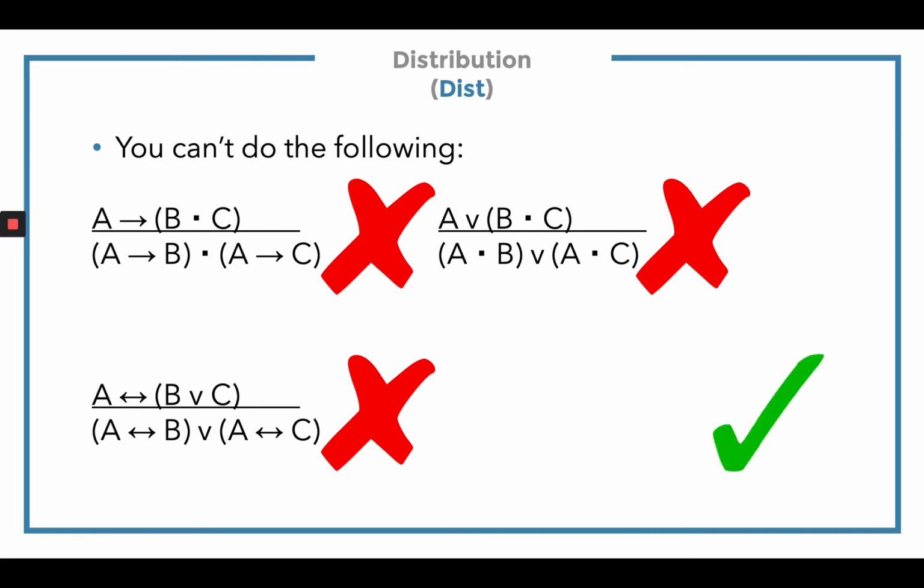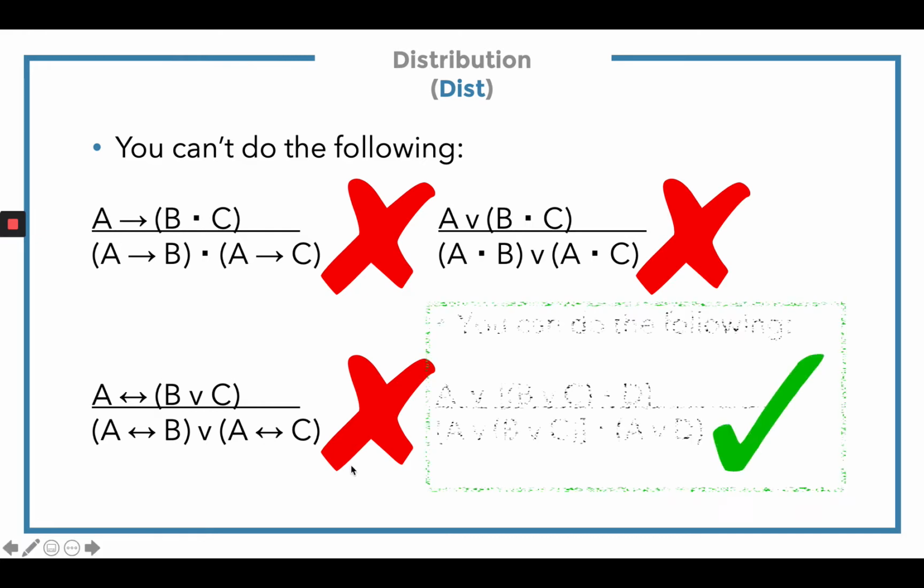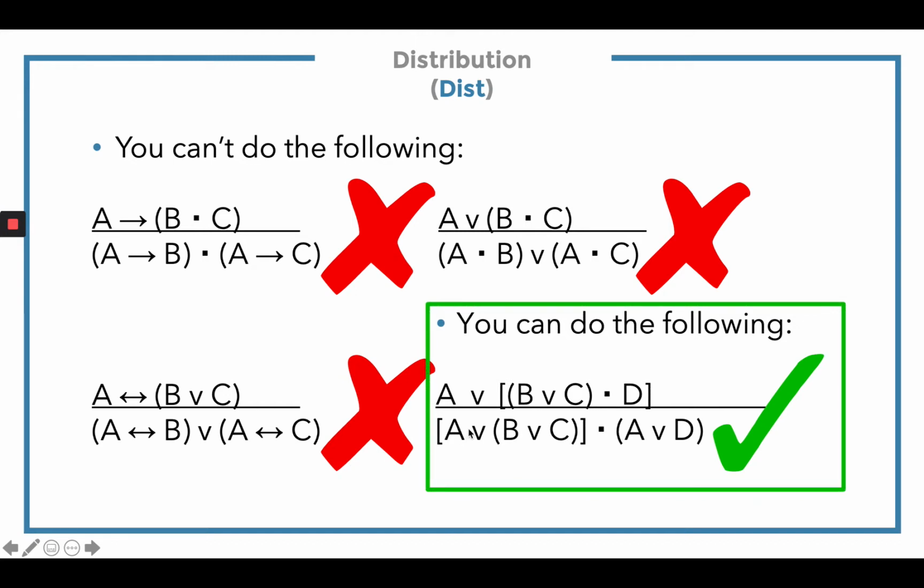The one that does work, we get the check mark before we get the example. What's going on here is a little bit more complex.